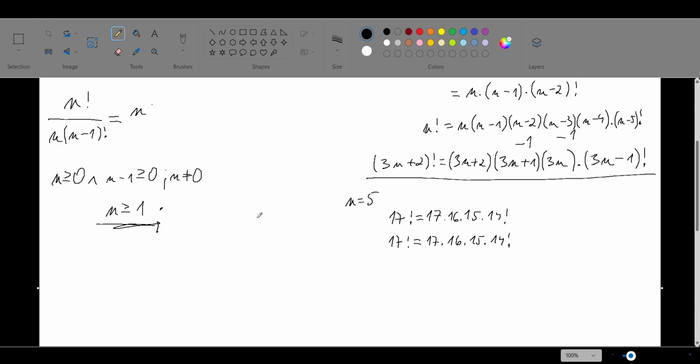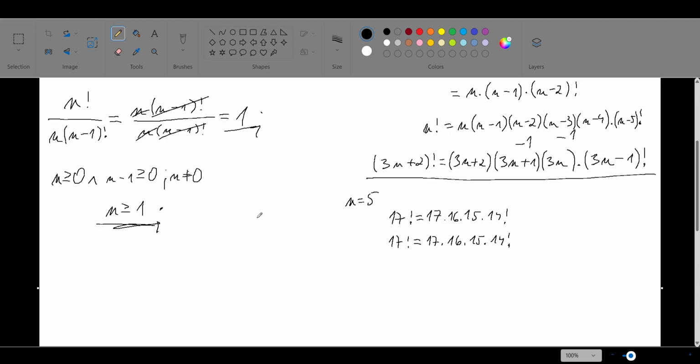So we simplify the numerator of our fraction to the expression n times n take away 1 factorial over n times n take away 1 factorial. So now you can cancel all expressions from numerator and denominator, and as the numerator is the same as the denominator, it is quite obvious that this is equal to 1.